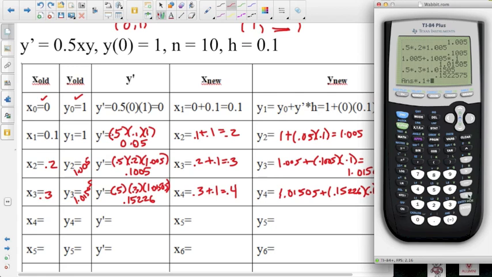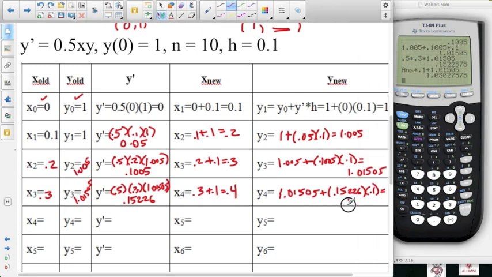And then I'm going to go plus 1.01505. And so we have a new value of 1.0303, I'm going to call it, for my new value for y. So there's my new value for y.